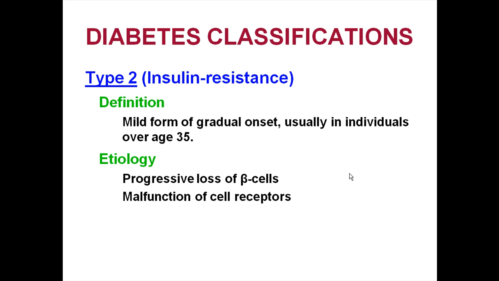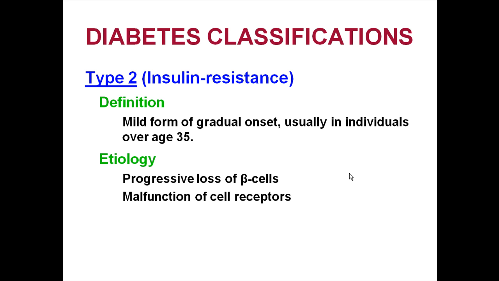It's a progressive loss of the beta cells, number one, which is not destruction by the immune system, but loss of function because of possibly overuse. And then malfunction of receptors, called insulin resistance.